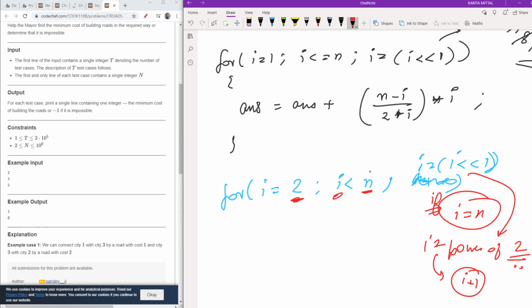But if i is n, I can't have a number more than n, so it will not be possible. Yeah, you can run the loop up to n also, but it is never required basically. So I will add in my answer, answer is equals to answer plus i. And yeah, it is the only code which you need to follow.